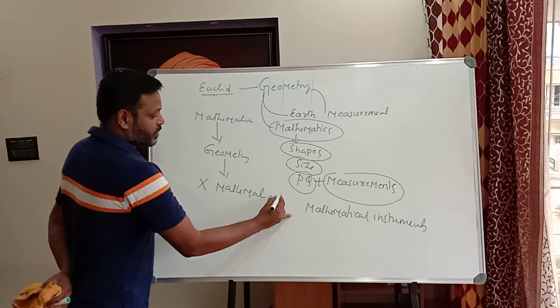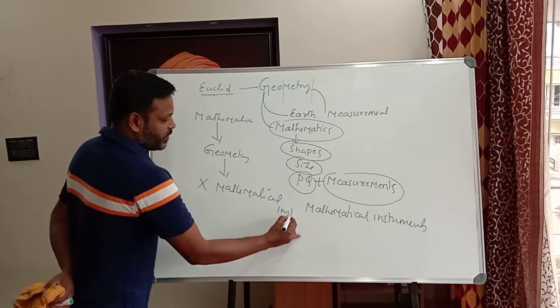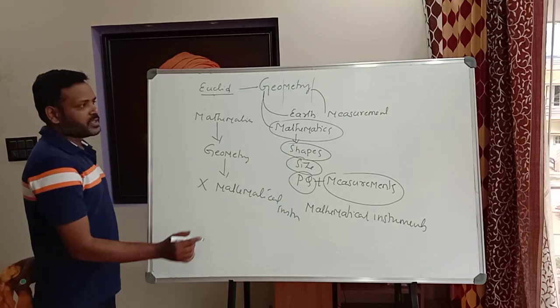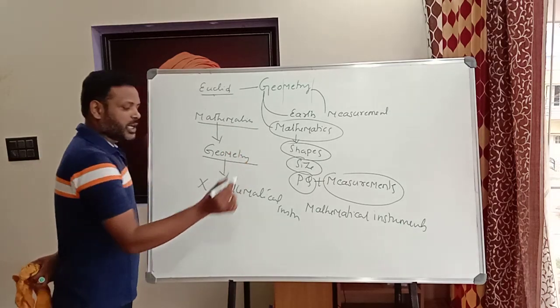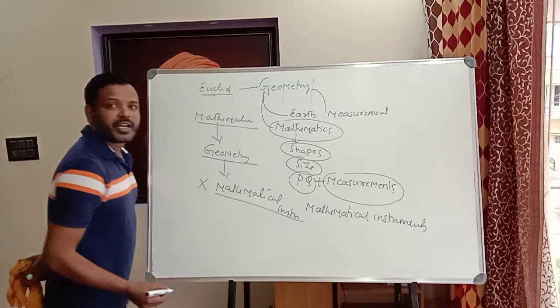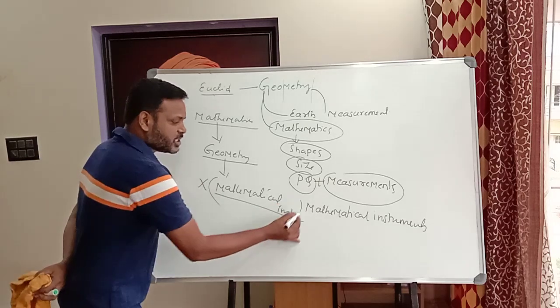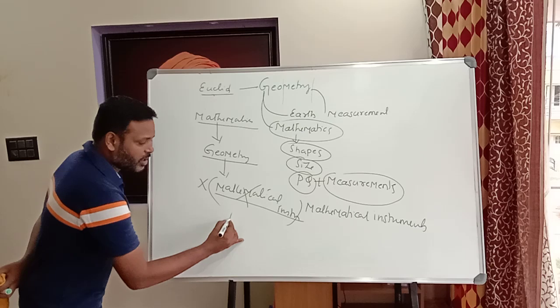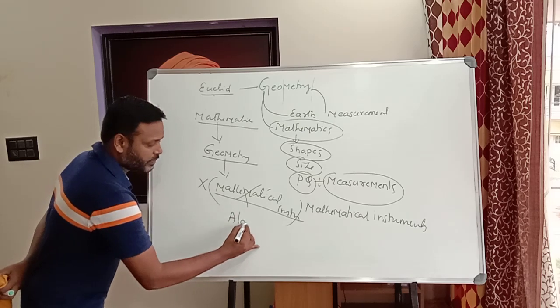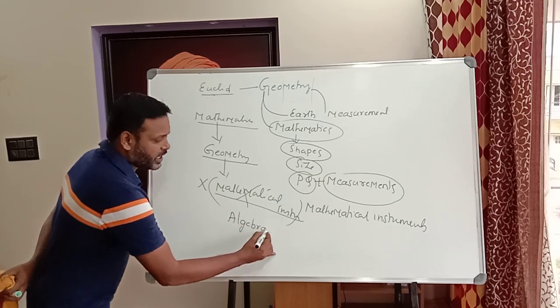Listen carefully. A branch of mathematics which deals with geometry without using mathematical instruments. If we are not using mathematical instruments, we need to use something else, that is algebra. What is algebra?